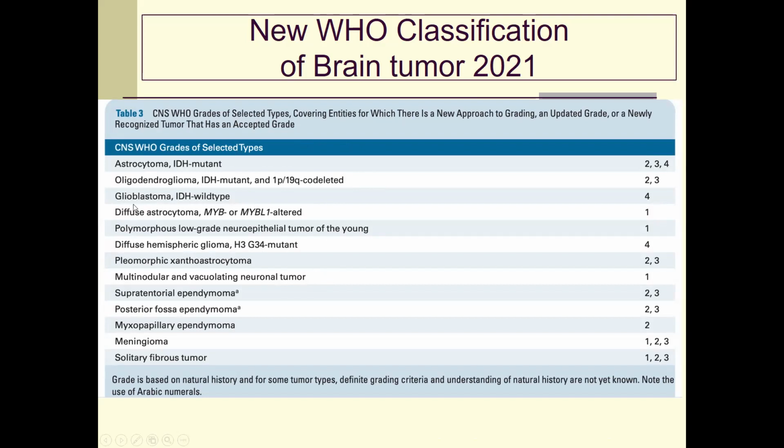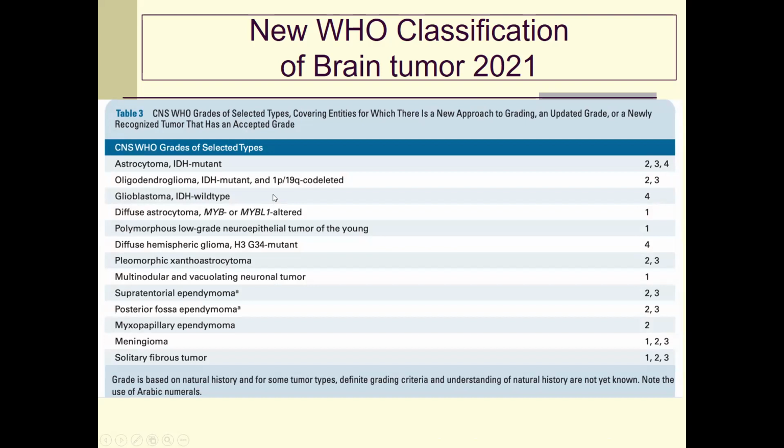So for example, glioblastoma is not only the glioblastoma, but we also call it IDH wild type or IDH mutant type, or a different genetic component is added onto the diagnosis. So that's why the tissue sampling is important to define what the genetic expression is.